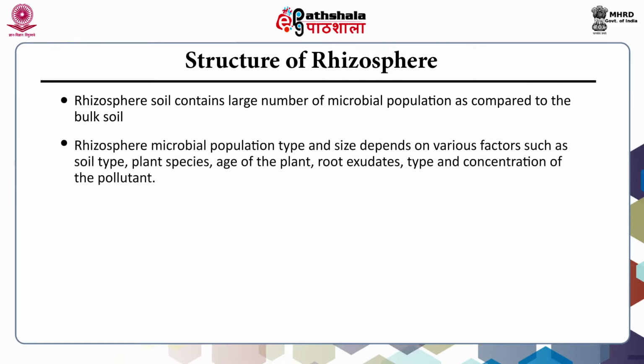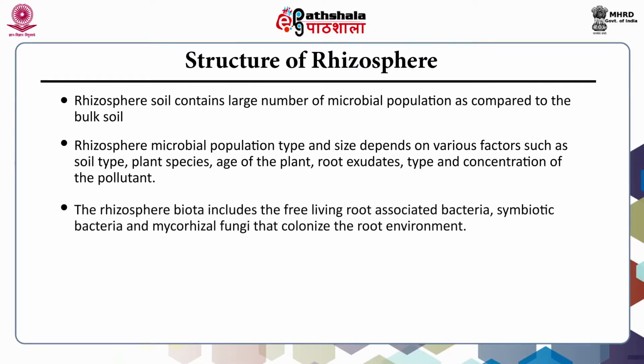Now, as I told you, the size and type of the rhizosphere microbial colony generally depends upon the soil type, plant species, age of the plant, root exudates type and the concentration of the pollutant. The rhizosphere contains bacteria, fungi, actinomycetes, protozoans and algae.